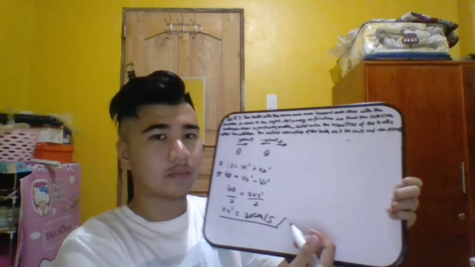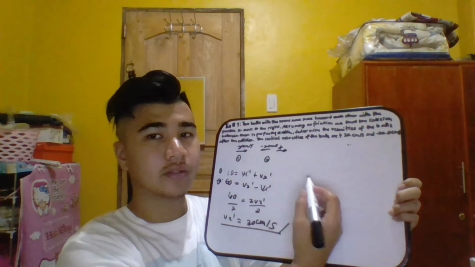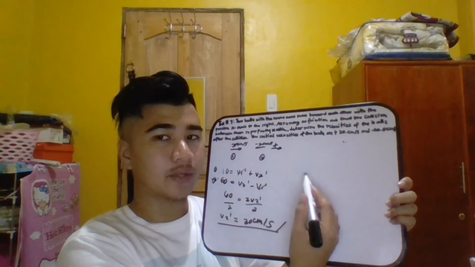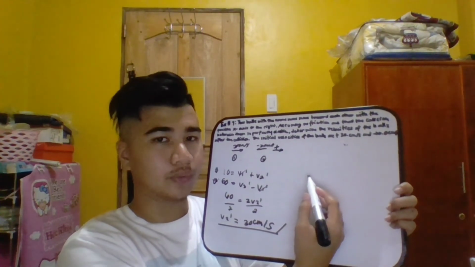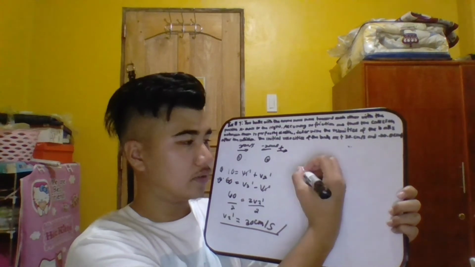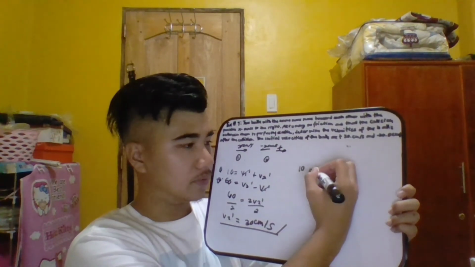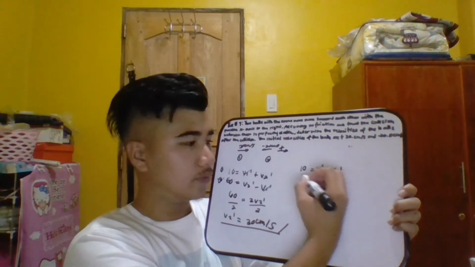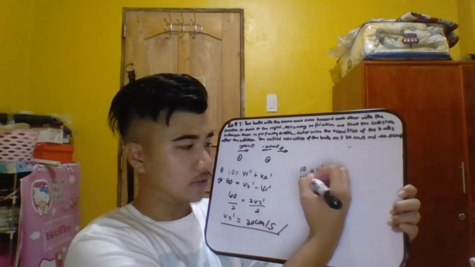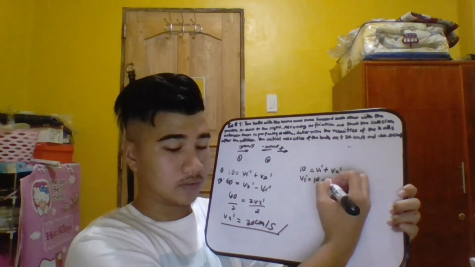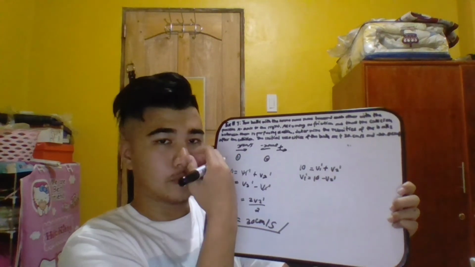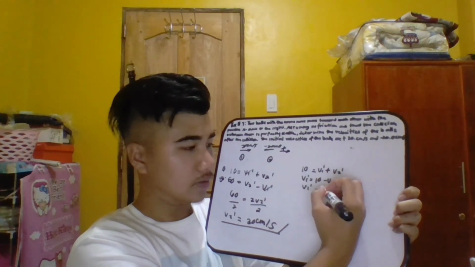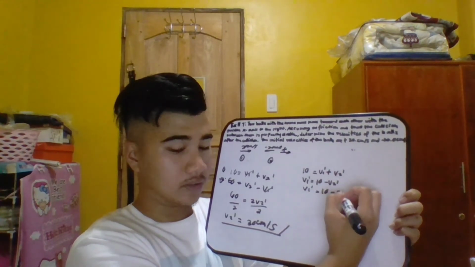And next, to find the final velocity of object 1 or ball 1 after the collision, for v1 prime we can use either equation 1 or equation 2. Say equation 1: 10 equals v1 prime plus v2 prime. v1 prime is equal to 10 minus v2 prime. Our v2 prime is 30.